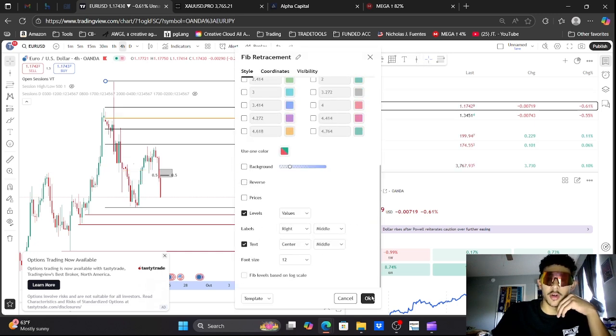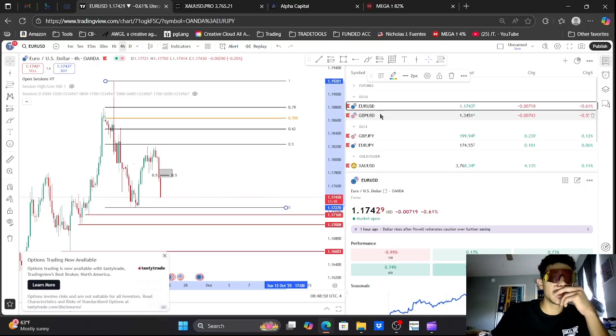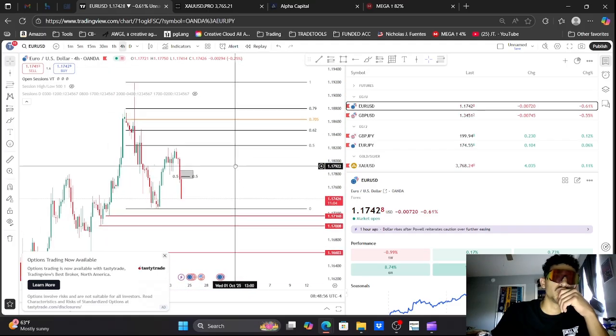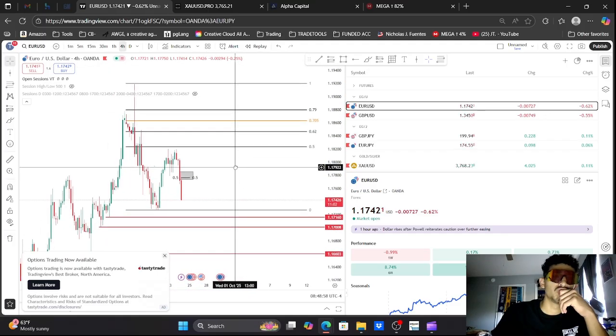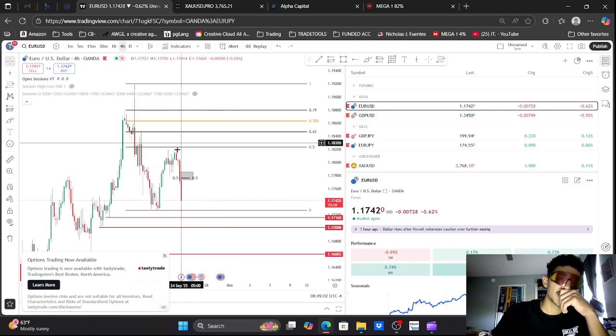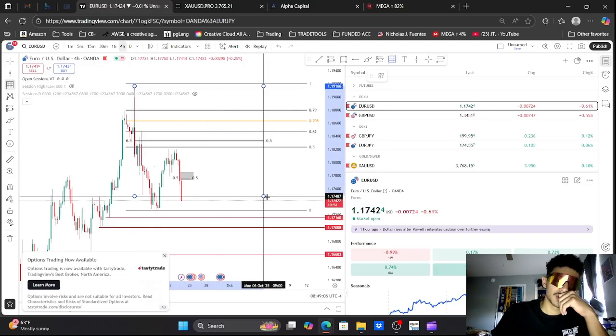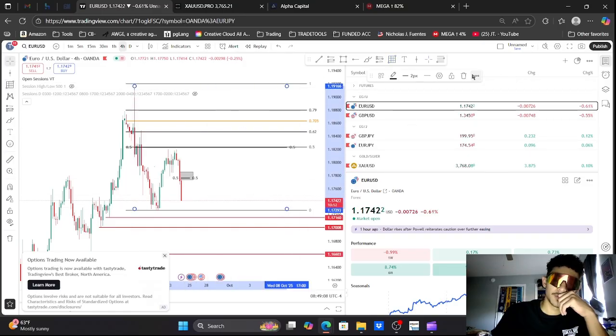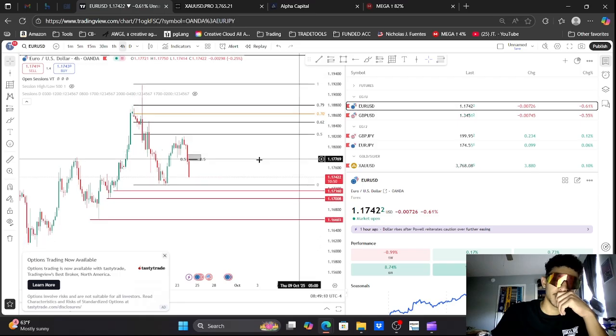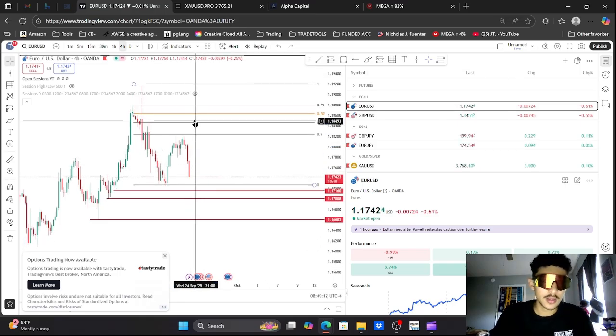And then on EU and GU, we came up into equilibrium and then broke towards the downside.